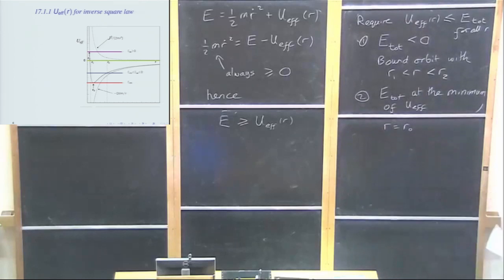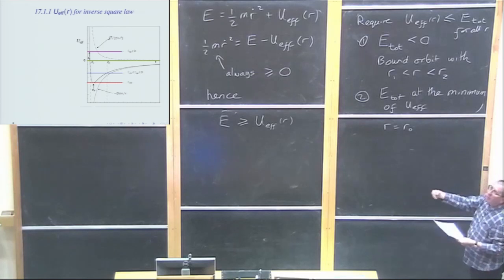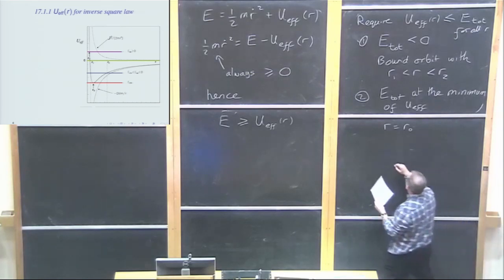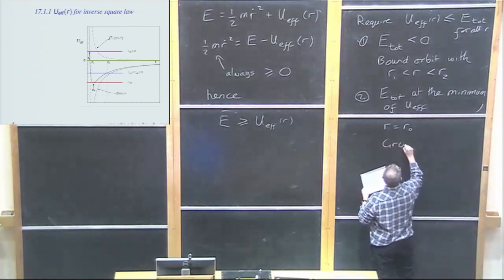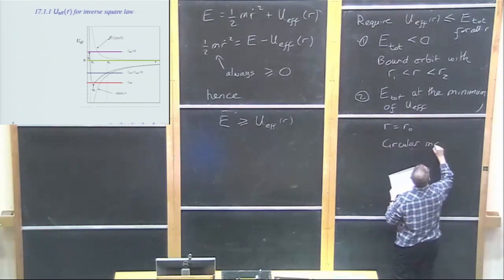So in this case, the radius, again we're in an orbit, but the radius isn't changing. The radius is just sitting at R0. And you know clearly what sort of orbit that is. This is a circular motion. So this is the simplest case.